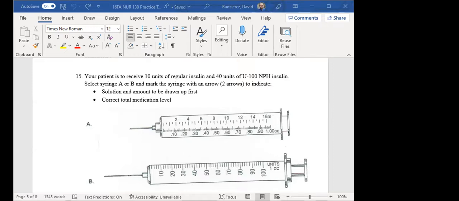So I just drew an arrow to the bottom B syringe to the 10, and I put regular insulin first. And then I drew my second arrow to 40 units. And then I just put NPH second. And I'm assuming that that's what they mean by the correct total medication levels. Did I think about that right?